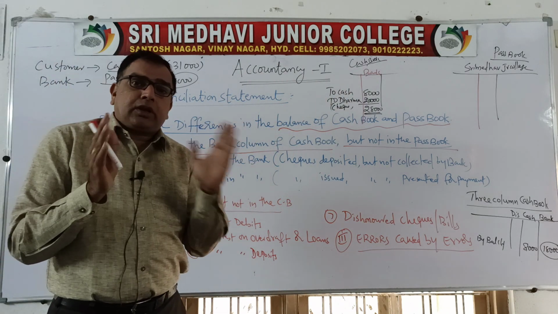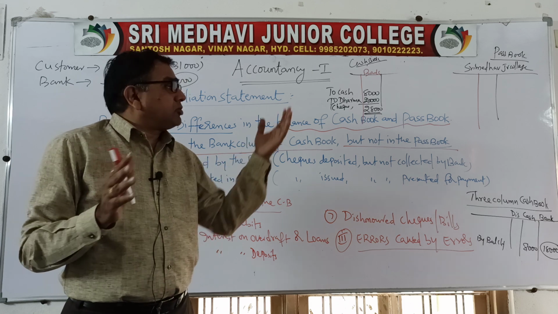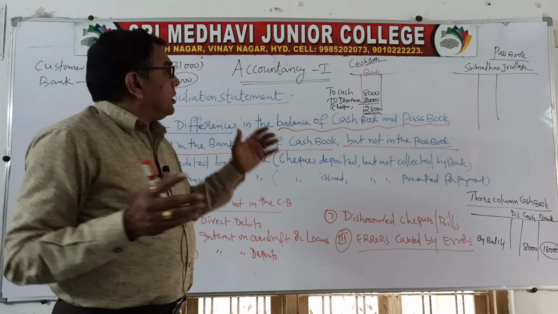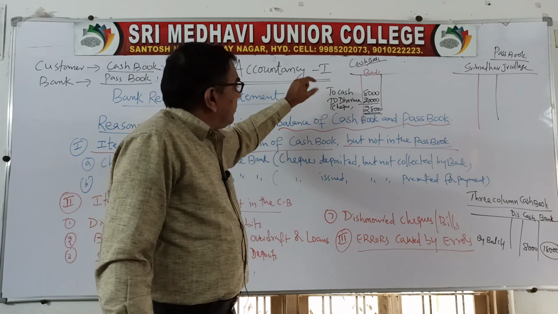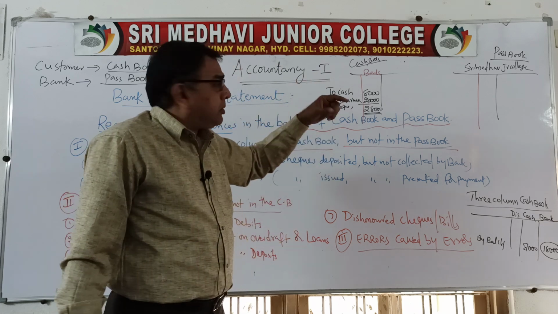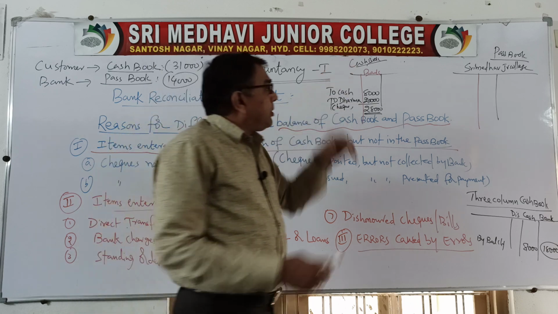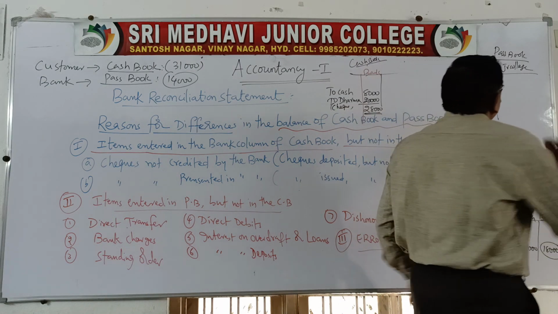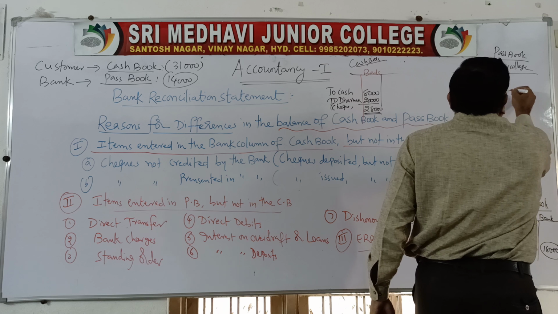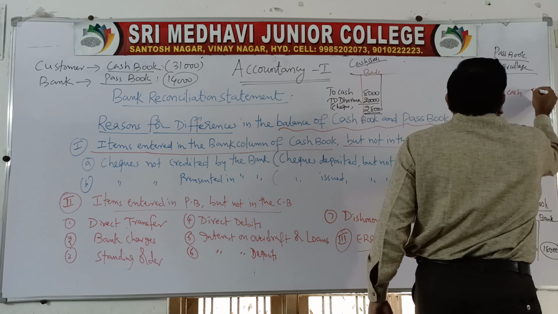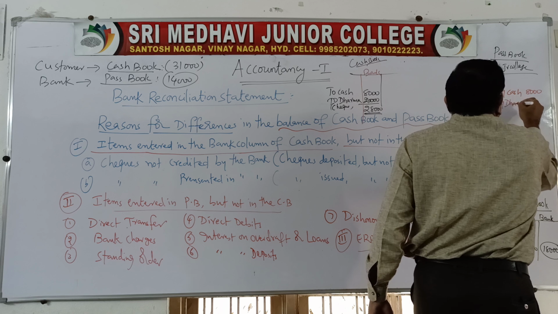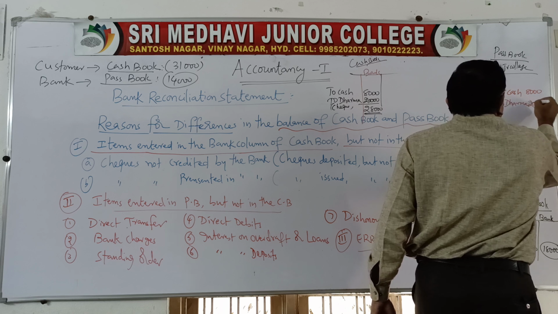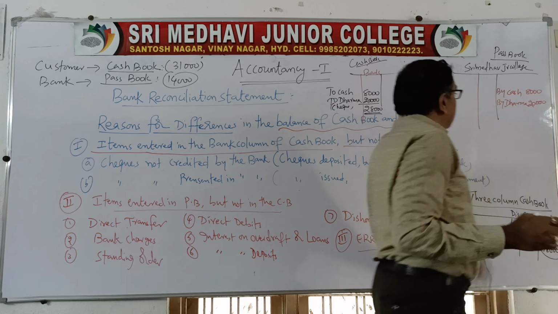The procedure of recording in the cash book and passbook is different. In the cash book, whenever amounts or checks are deposited, we write on the debit side. In the passbook, it is recorded on the credit side. So, by cash 8,000, by Dharma's check 20,000, like that.